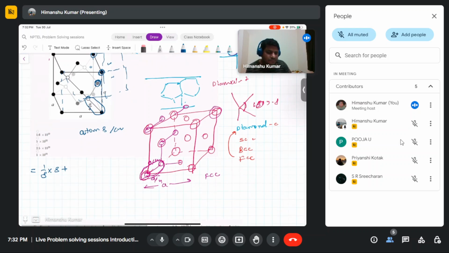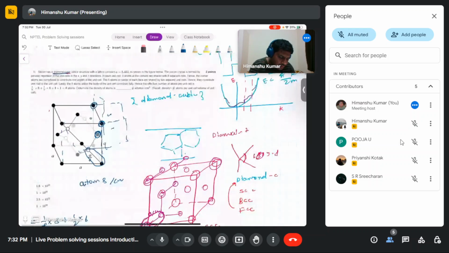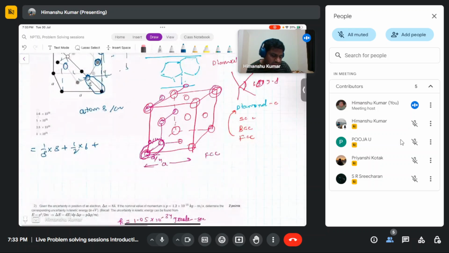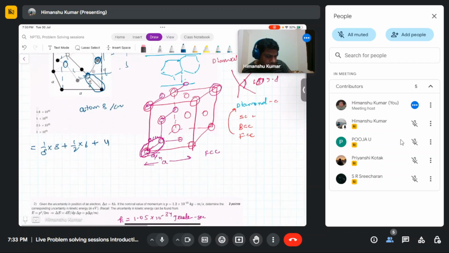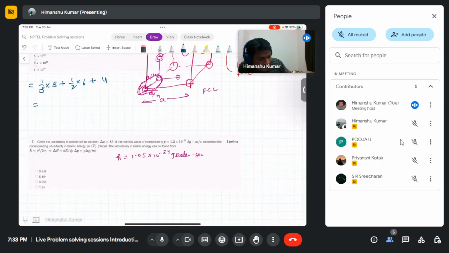There are a total of 6 faces, so half multiplied by 6 is your face center at each face of the cubic cell. Then there are 4 atoms inside the cell. So the total atoms in this unit cell are 1 plus 3 plus 4, which is 8 atoms per cell.